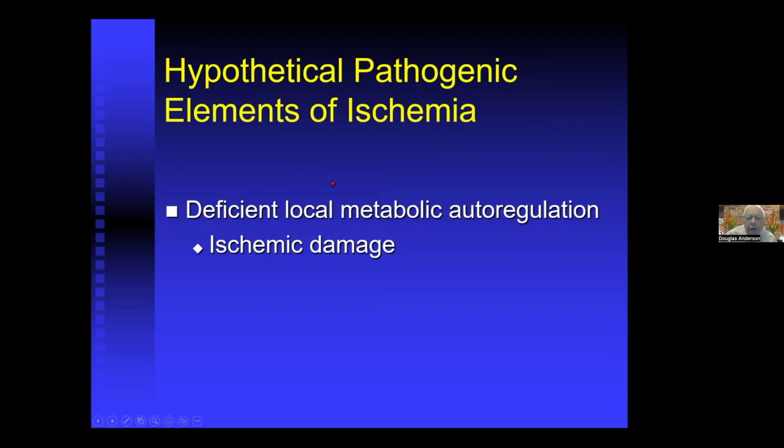So the hypothetical element of ischemia is that there may be a deficiency of metabolic autoregulation in some people, and therefore ischemic damage. In addition to there being intermittently, at least perhaps, a change in the blood flow, when there's a restoration of blood flow, there may be a reperfusion injury.